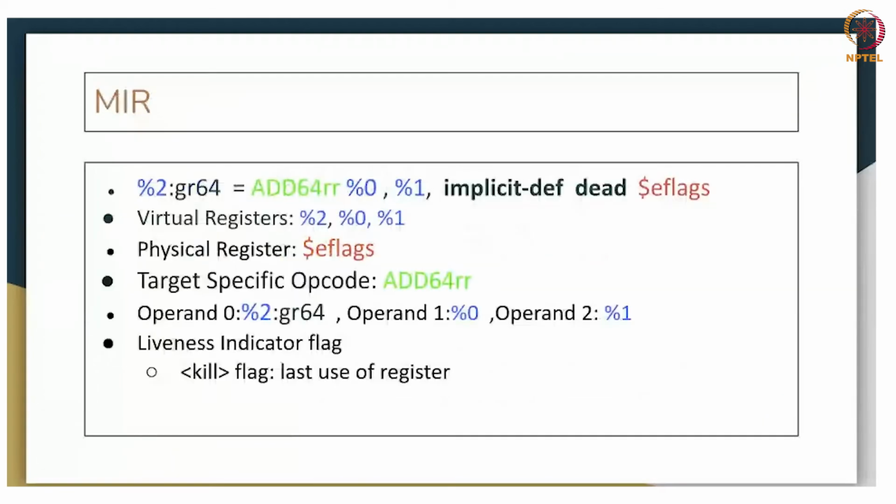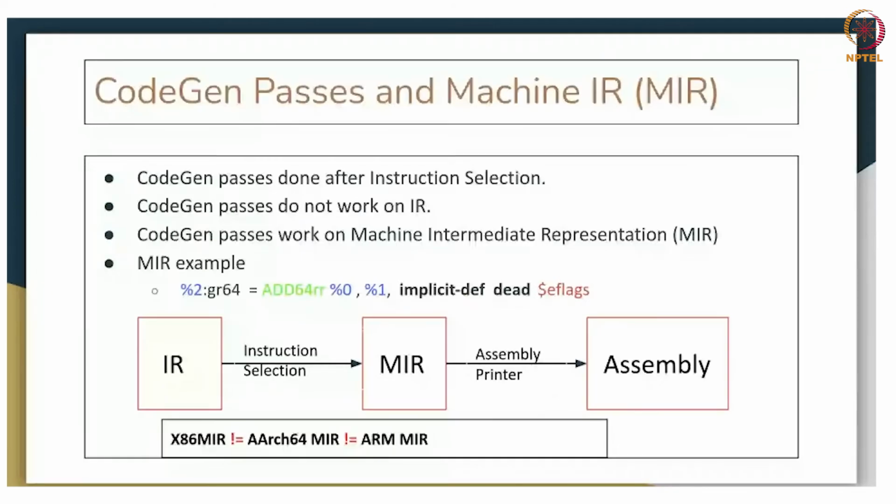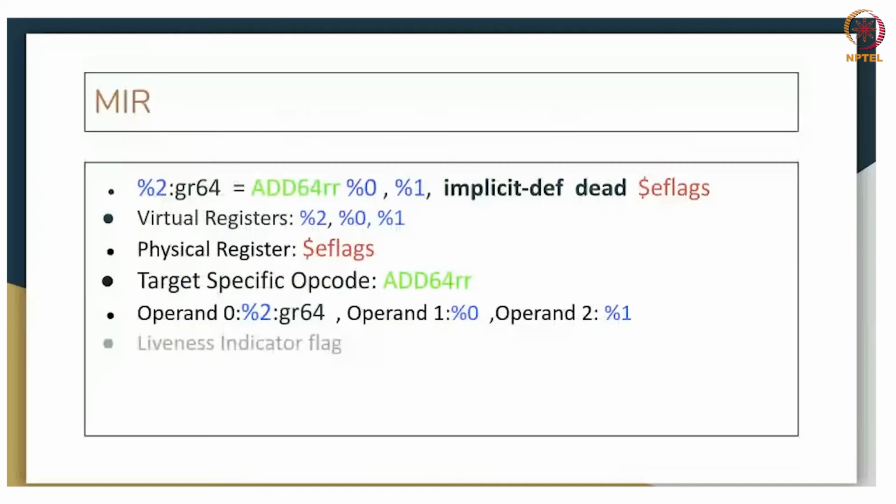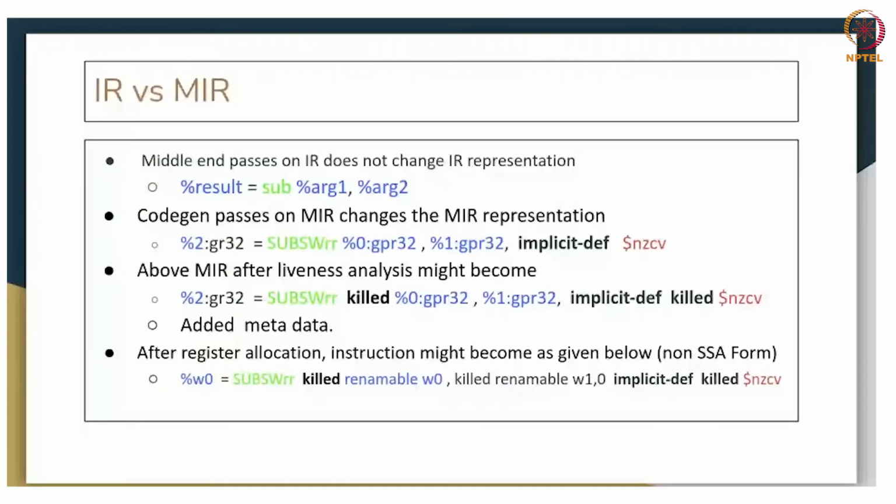This is a high level picture, but it's not like MIR is directly converted to assembly. There will be some intermediate passes, and the final step is assembly printing. One of the passes will be register allocation. Even adding metadata is possible with IR also, not just with MIR.